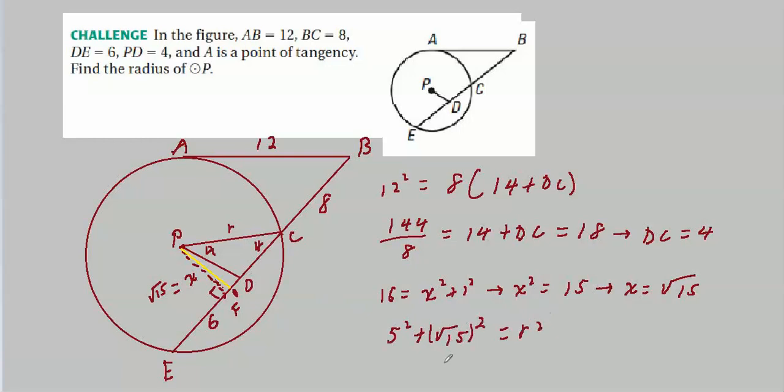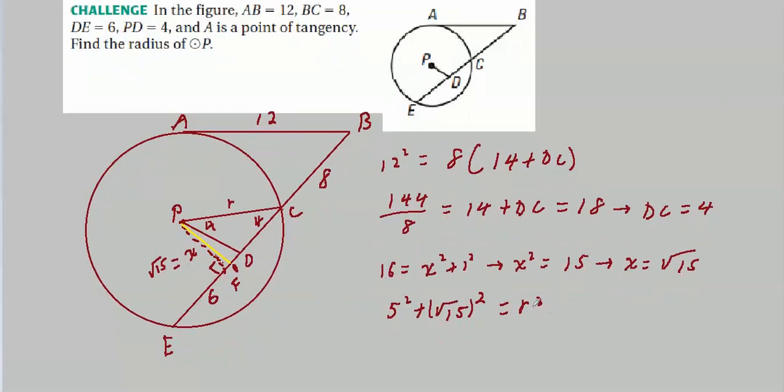And if I give myself a little room so we don't run off the bottom of the screen here, we now have 25 plus the square root of 15 squared, which is just 15, of course, equals R squared. But 15 and 25 equals 40.